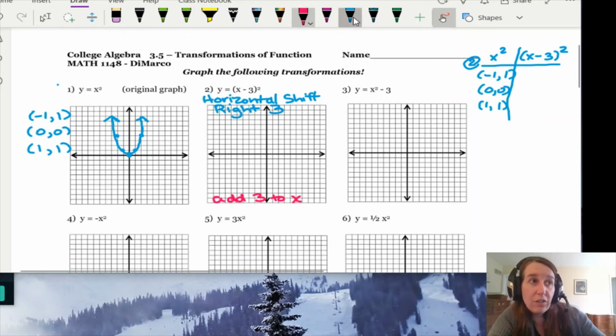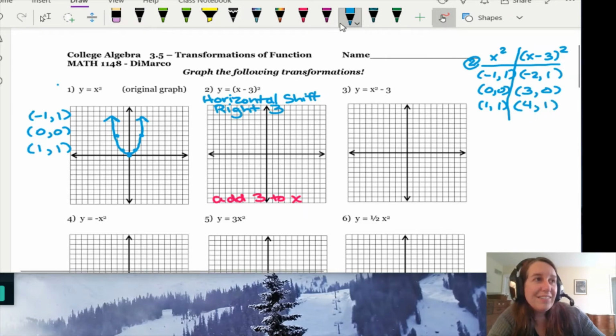We actually don't do anything to the y values because this is just a horizontal shift. So if you add 3 to the x value, that would be -1 plus 3. So that would be -2, 1. 0, 0 would become 3, 0. And 1, 1 would become 4, 1.